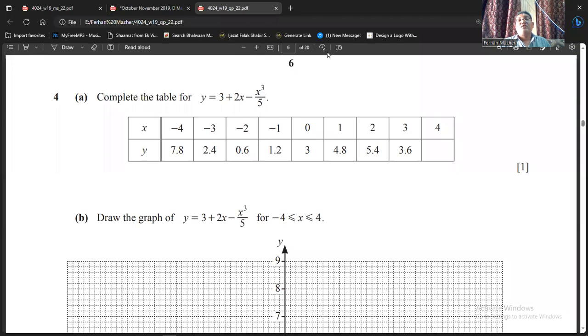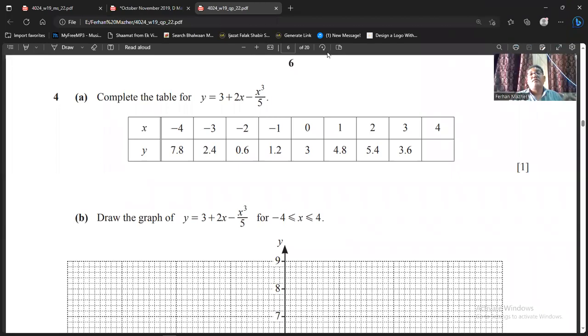Now we are on question number 4. It says complete the table for y equals 3 plus 2x minus x cubed divided by 5. So first of all, we have to complete this table. Wherever there is x, you will put 4 here.